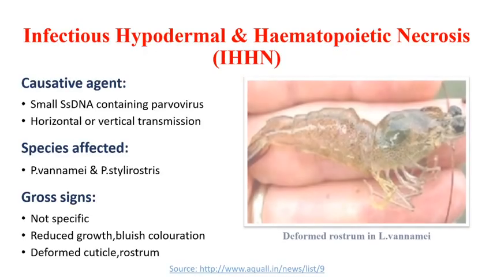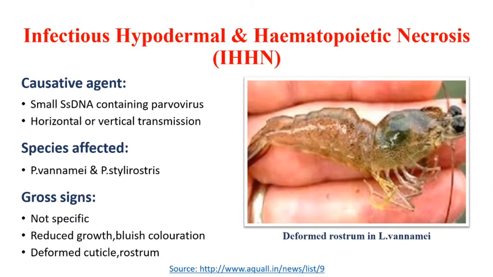Students, let us learn and understand about infectious hypodermal and hematopoietic necrosis, IHHN, virus and disease, pathogenicity and preventive measures. Infectious hypodermal and hematopoietic necrosis, IHHN, was first discovered in Penaeus vannamei and Penaeus stylirostris in America in the year 1981.